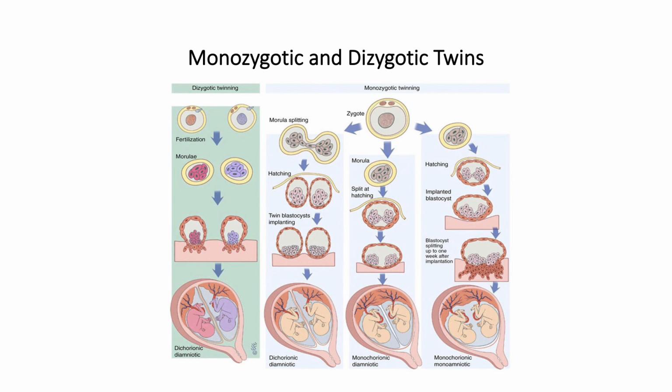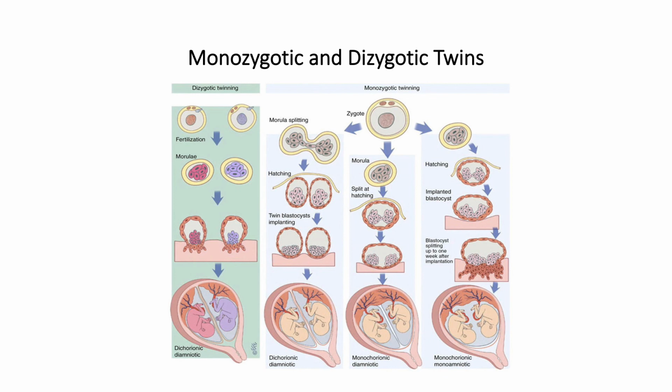In that case, you have two identical morula that implant as blastocysts, and they're going to have exactly the same DNA. They will have their own separate amnia. The amniotic sac is the little sac that the baby grows in. So the chorions are independent and the amnia are independent, but the babies are identical.